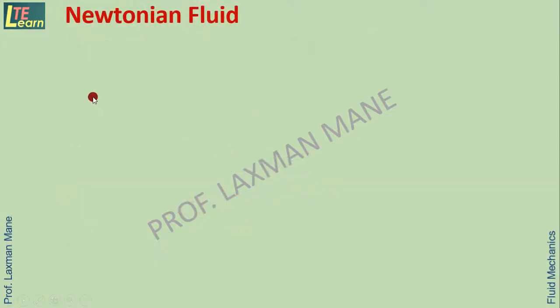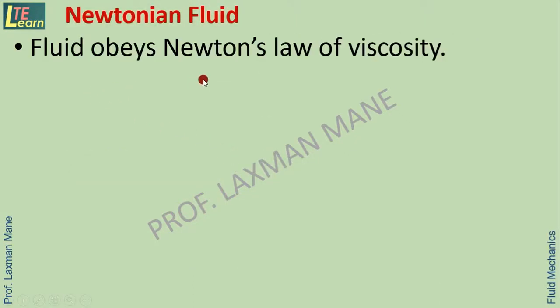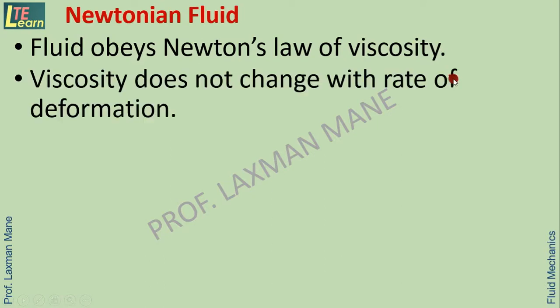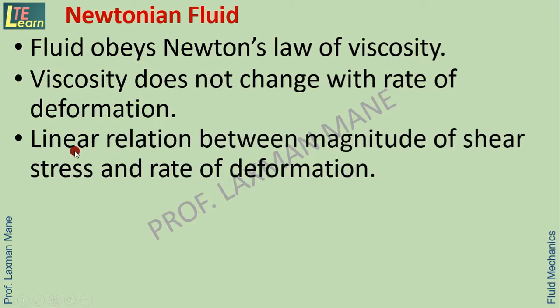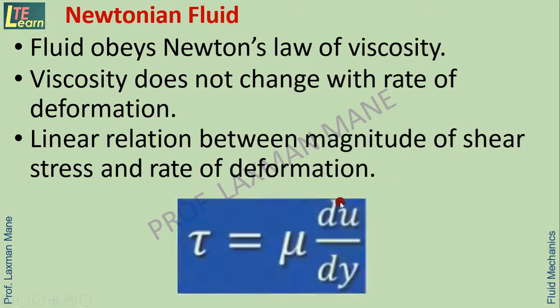A Newtonian fluid is a fluid which follows Newton's law of viscosity, meaning viscosity does not change with rate of deformation. Here, a linear relation between magnitude of shear stress and rate of deformation is found. So the formula for this kind of fluid is tau is equal to mu into du upon dy.